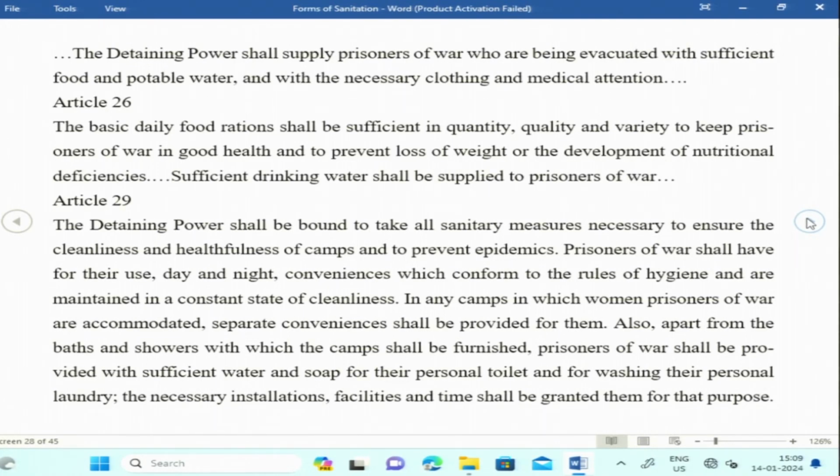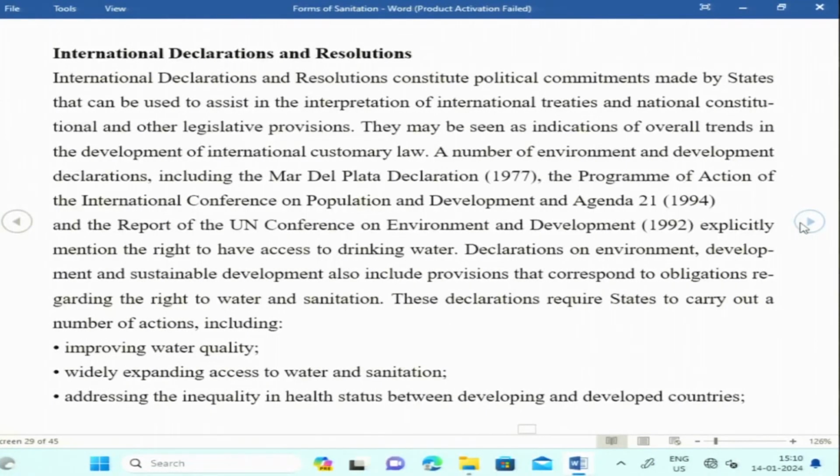The camps are to be arranged in such a fashion that even women prisoners of war are accommodated. There should be separate provisions for them, and also proper facilities for baths and showers. So, we basically try to see that the basic amenities needed for sanitation are to be taken into consideration even when we speak about prisoners of war. So, I think the layman citizens definitely should have all these rights which are being taken into consideration.